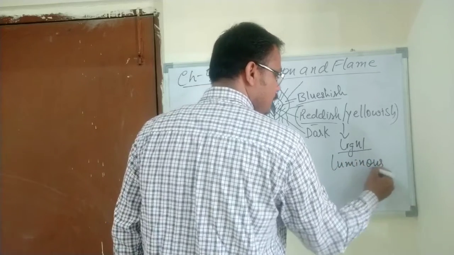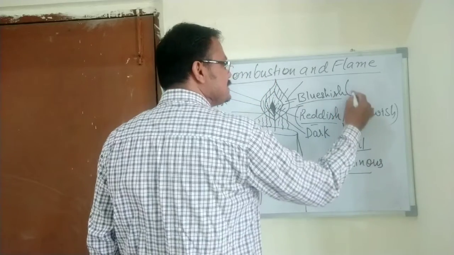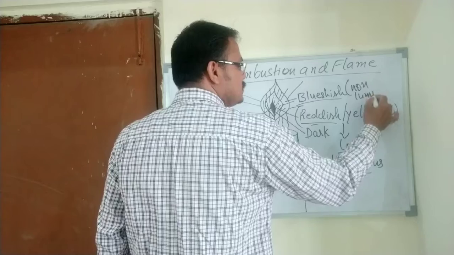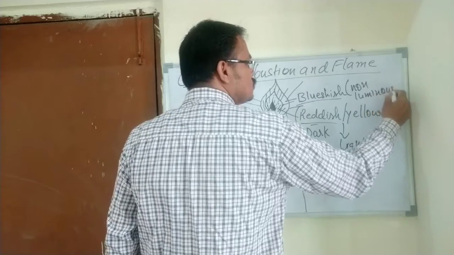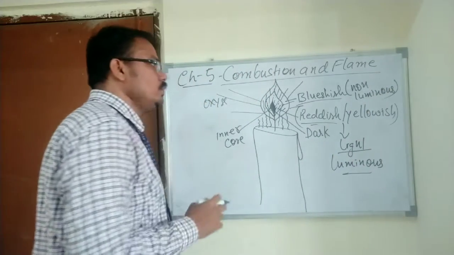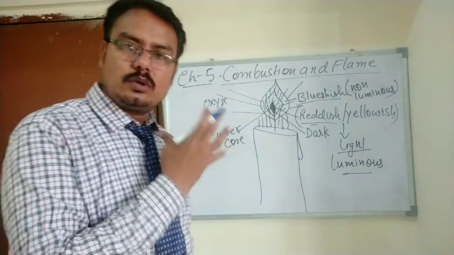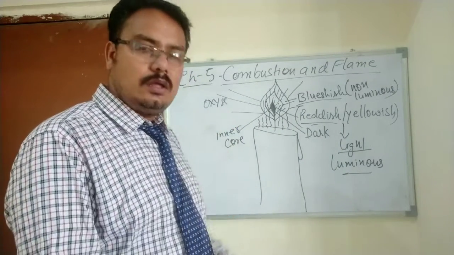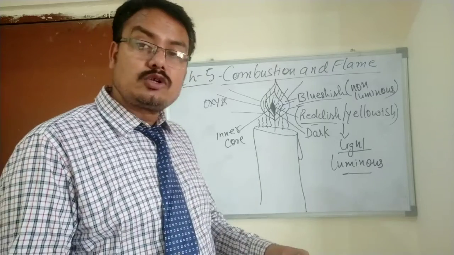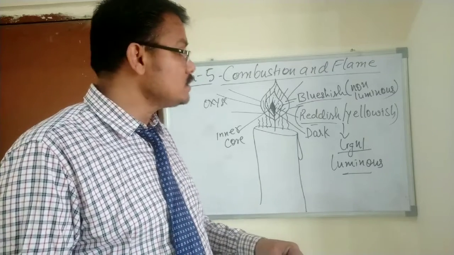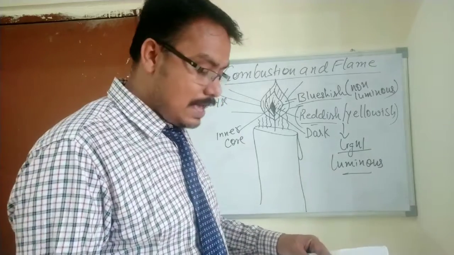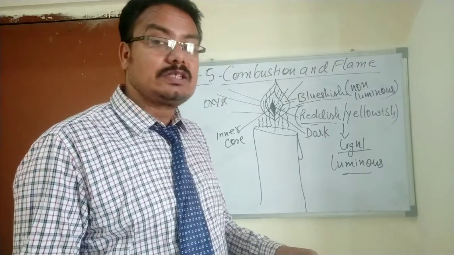The outer bluish portion is non-luminous, because blue light is not a good light source. Though it is burning well, the outside layer is called the outermost non-luminous zone, and complete combustion is taking place.